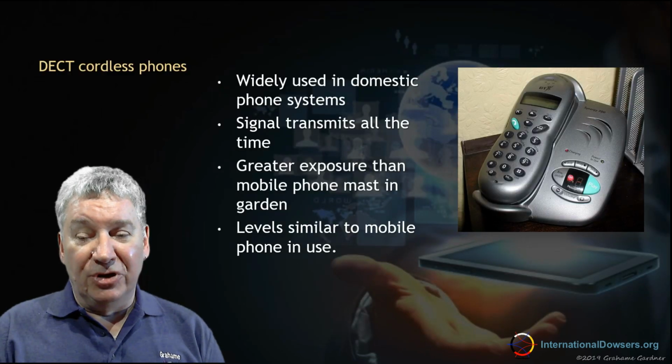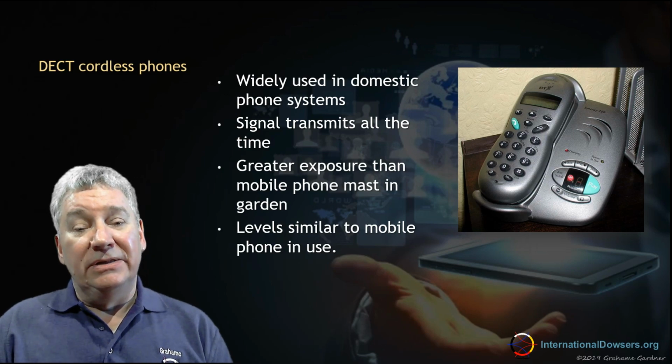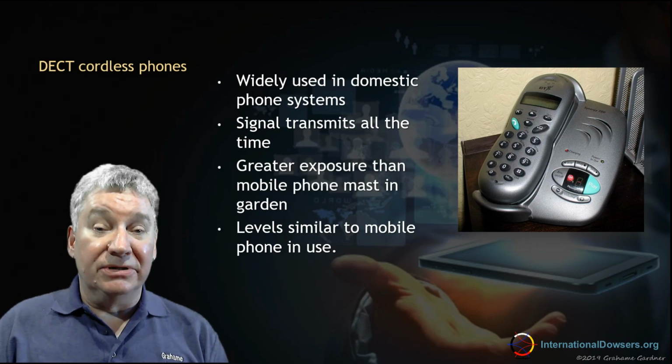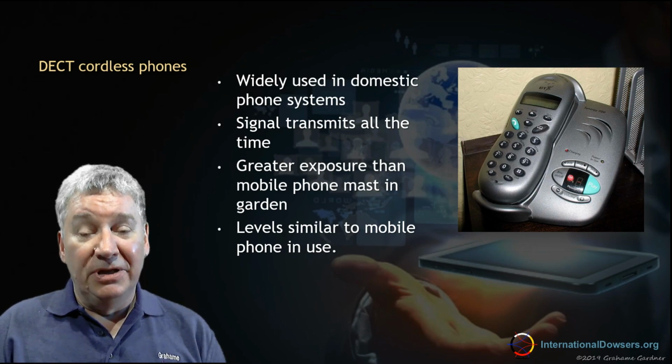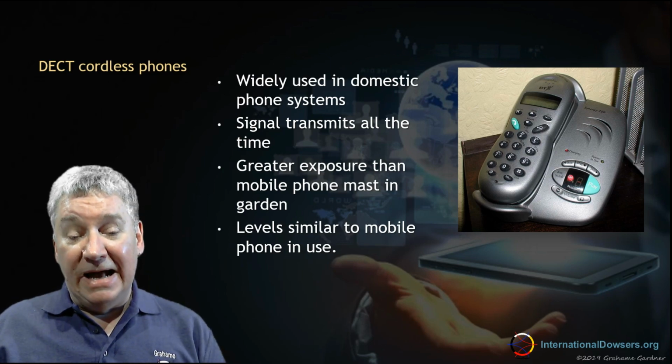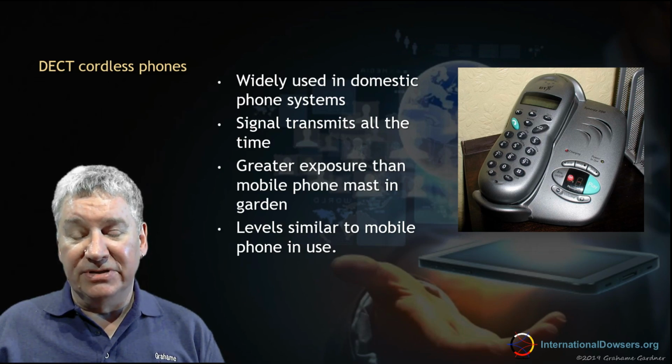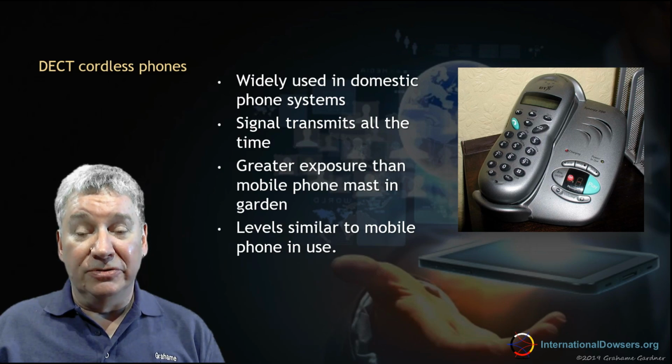Moving on to the cordless phones we have in the home. The older ones where you had to pull out an aerial were better, as they were totally analog and they only transmitted when you're on a call. But these newer DECT ones transmit a signal at full strength all the time, regardless of whether you're on a call or not. You can get some that are called eco-DECT models where there is a setting you can switch it off in between the calls so that it is not transmitting all the time.